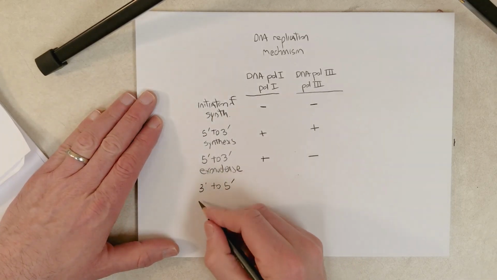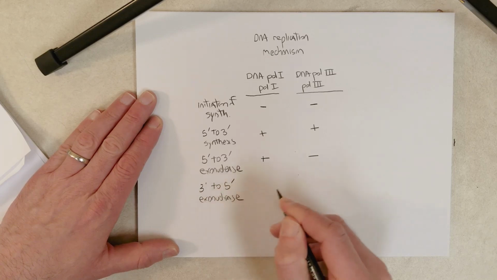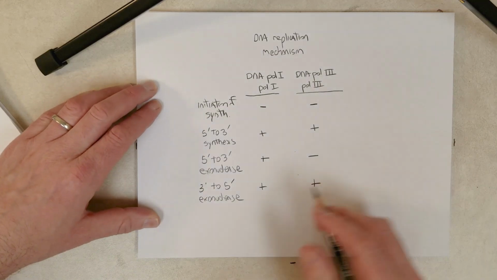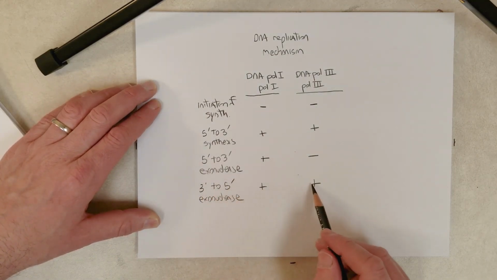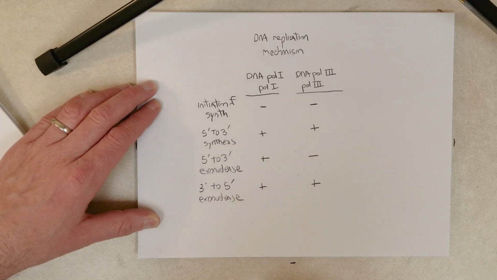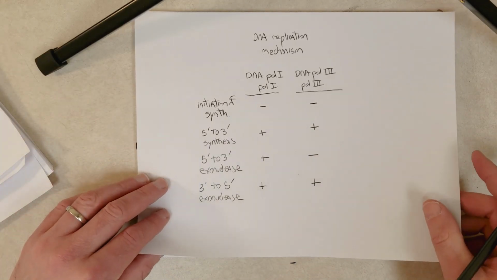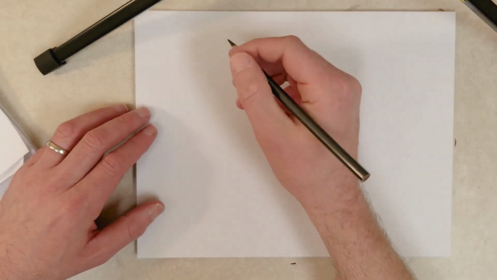And 3' to 5' exonuclease activity, they both have that activity. And this is for a proofreading or error correction property of both enzymes. So keep these in mind, and let's talk about the mechanism.